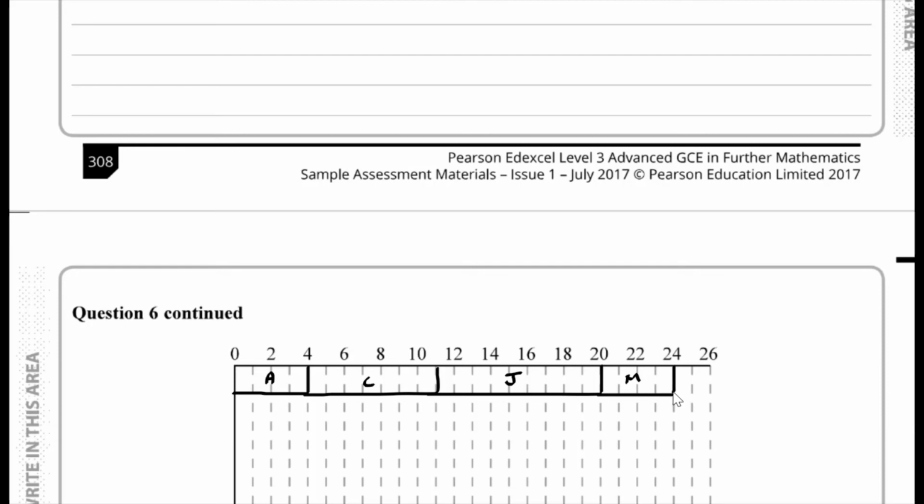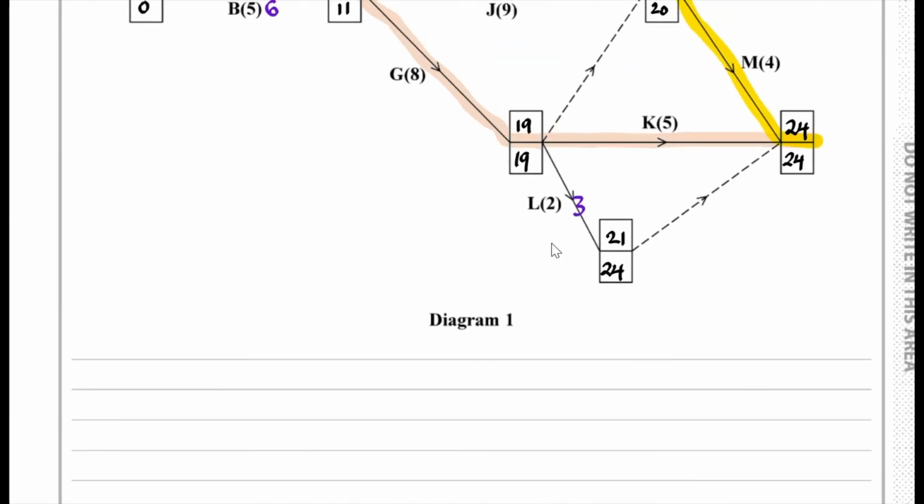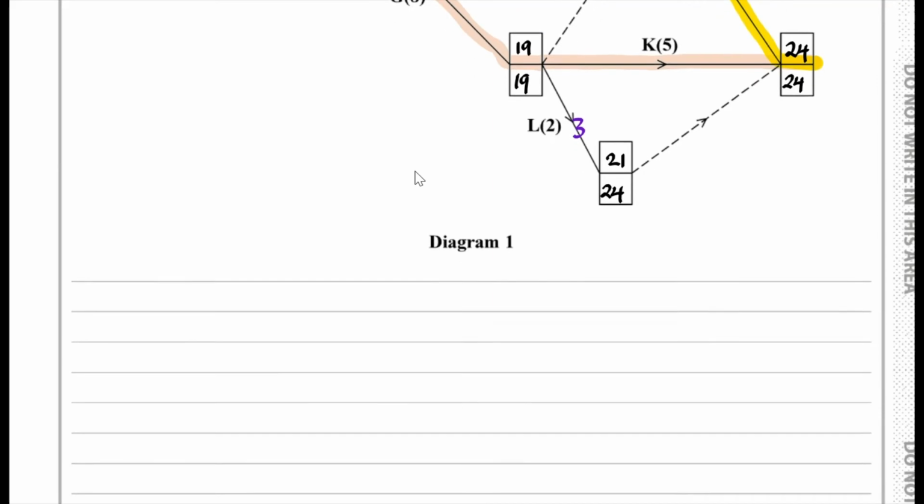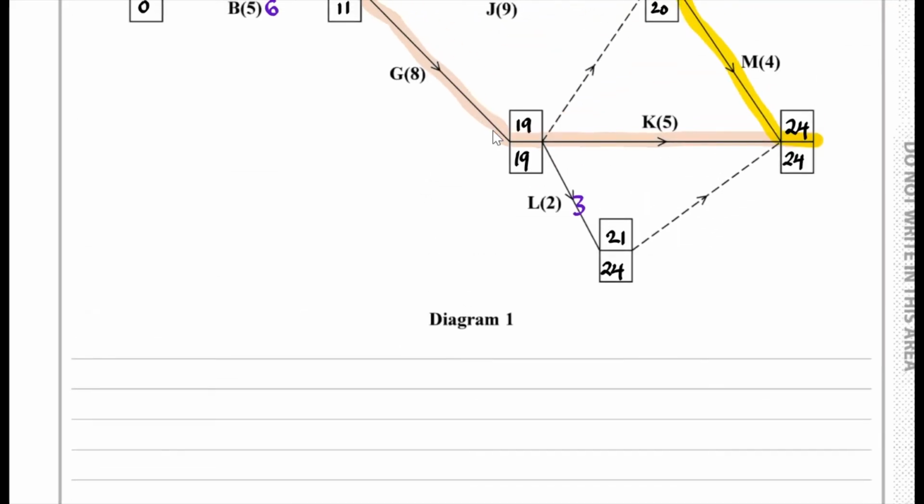Okay, and the other critical activity we have is over here. At 11 we go via G, so that's 8, and that brings us up to 19.